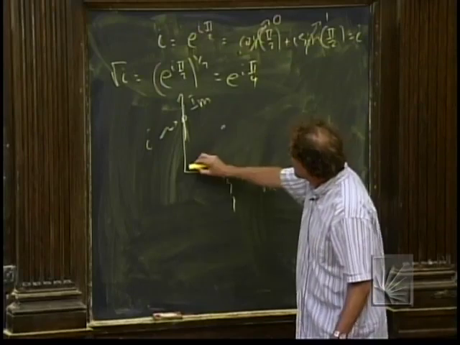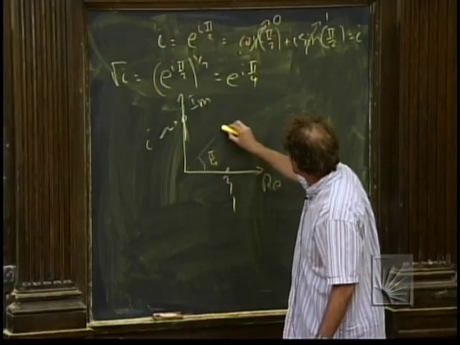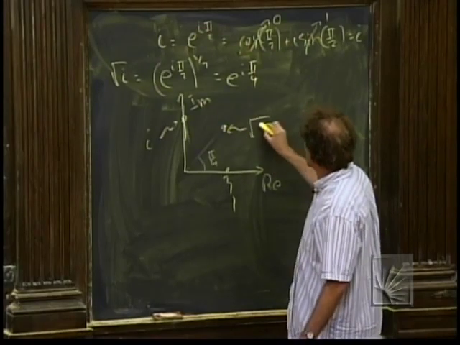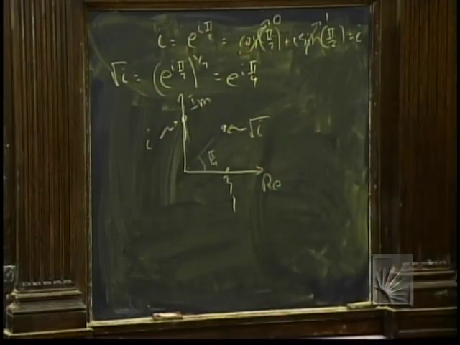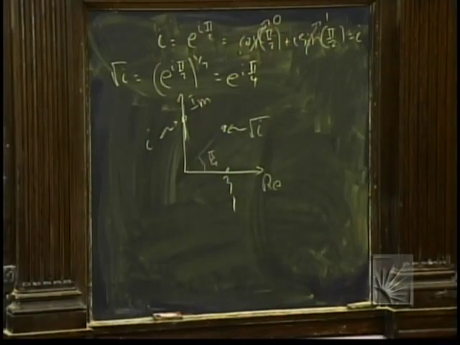And somewhere here, at an angle of pi over 4, that point is the square root of i on the complex plane. Okay? So now you know how to take the root of a complex number. All right. Just a tad of math. I'd forgotten to mention this, and I think it's worth knowing.